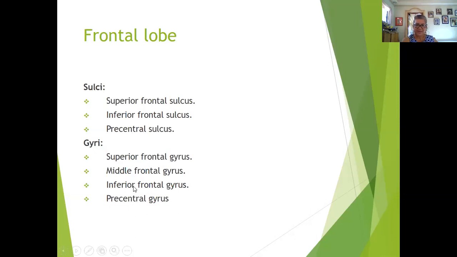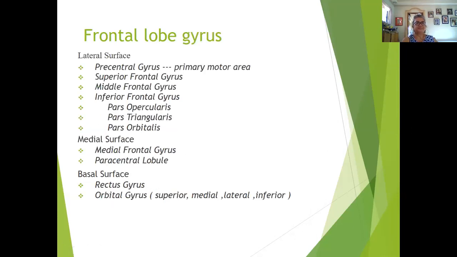This one will be vertical, while the others will be horizontal in orientation. So these are the different gyri that will make up the frontal lobe.